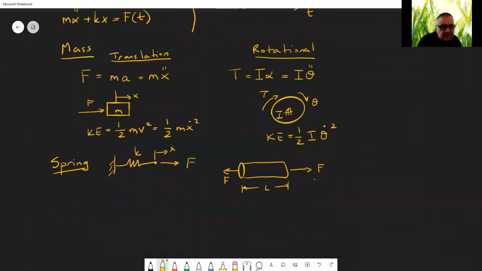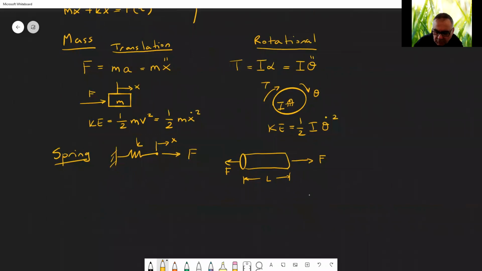We know the basic equations, so let me just very quickly derive it. We know that, for example, the stress is equal to modulus of elasticity times strain, and the strain is delta L over L, okay?